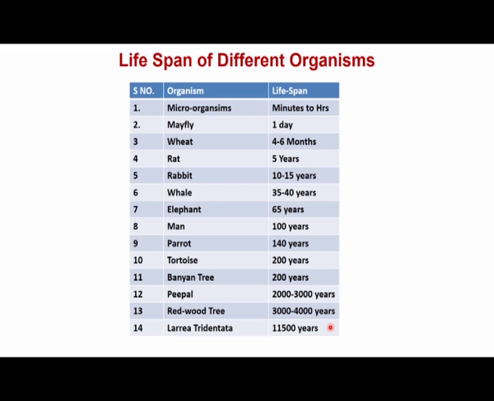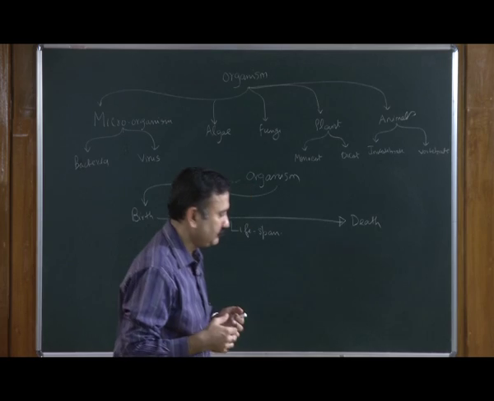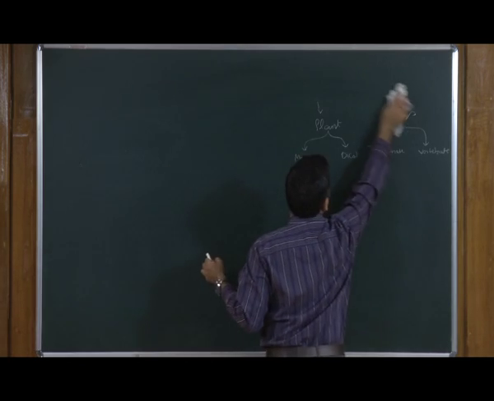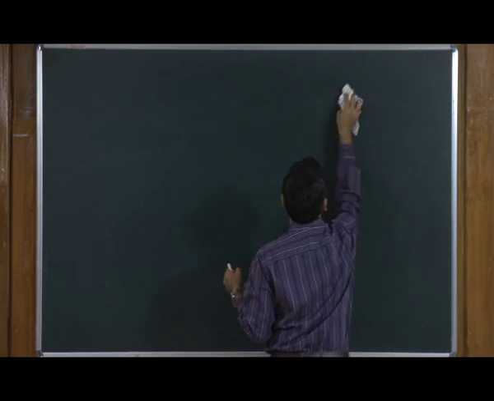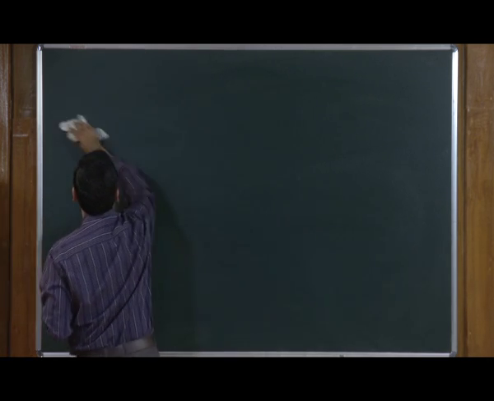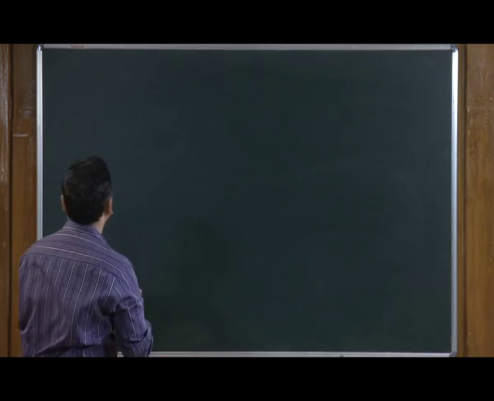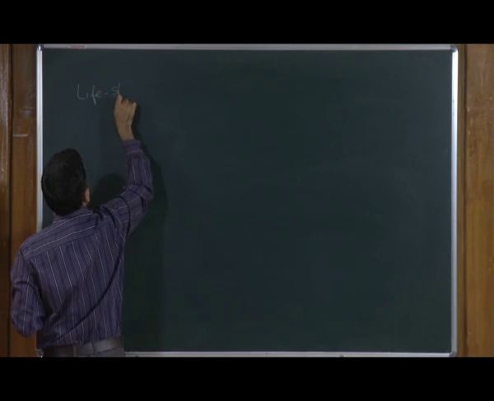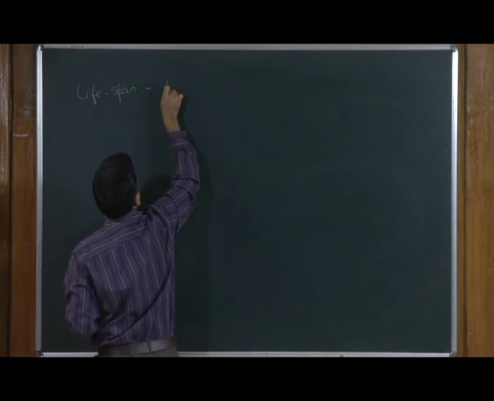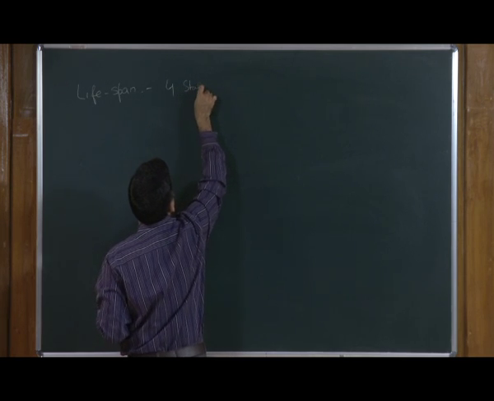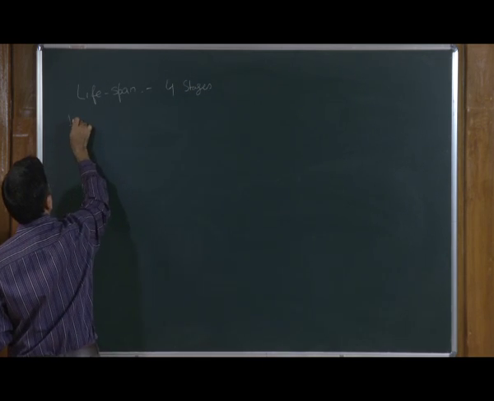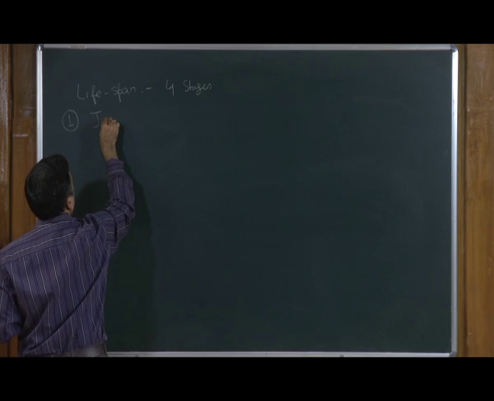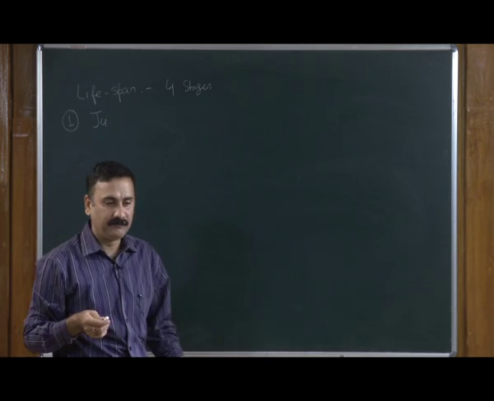So, let us see what different types of stages are present in a particular lifespan. Every organism pursues 4 stages in its lifespan. So, what are these 4 stages? Number 1 is called juvenility.